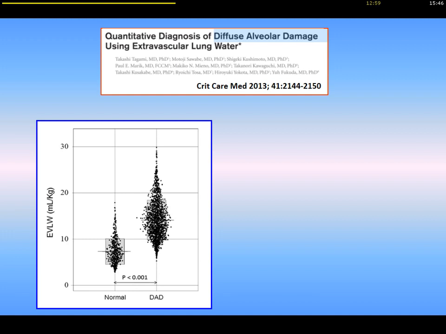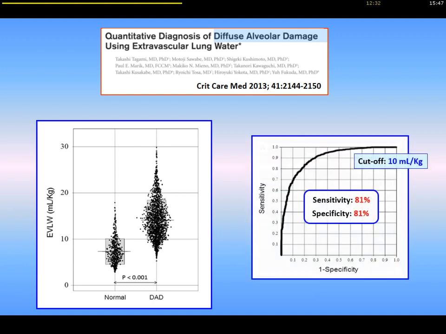And they measured lung water before the death, and they looked at the lung after autopsy, and they looked for what they call diffuse alveolar damage in the lungs, and they found that patients with DAD had higher extravascular lung water just before death than patients with no DAD. And they found, using a ROC curve, a good sensitivity and specificity for a cutoff value of 10 ml per kilogram. It's fortunate because it is easy to remember.